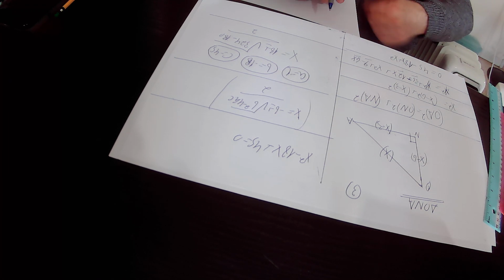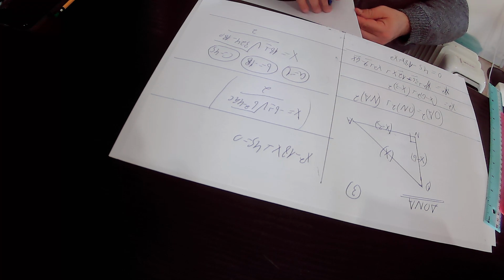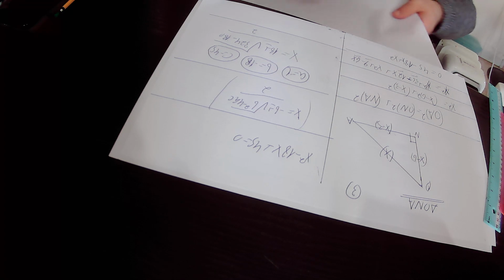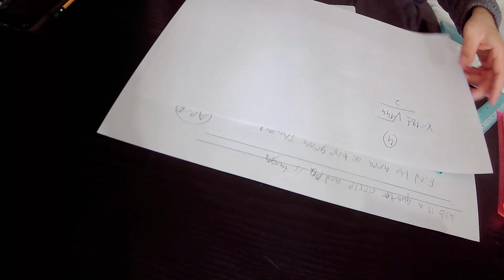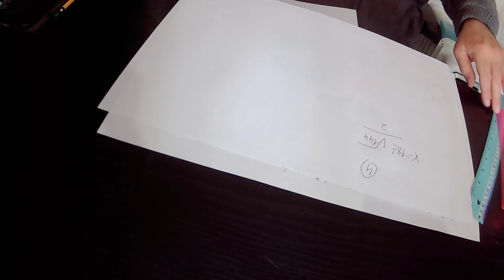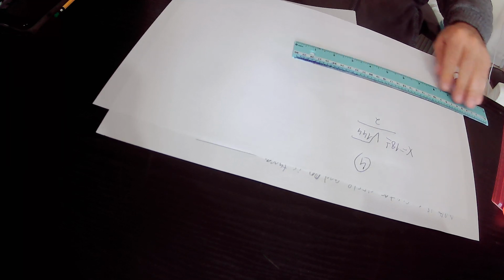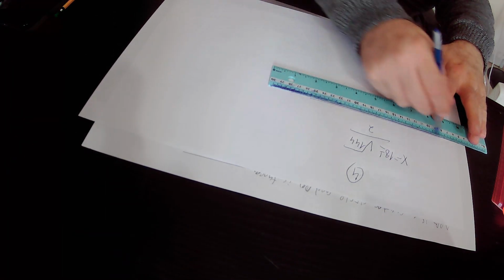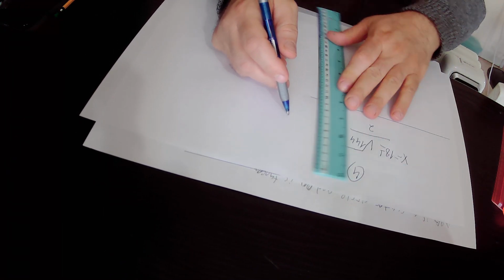In conclusion, we found that x equals 18 plus or minus the square root of 144, over 2. We have here two possible solutions for x.